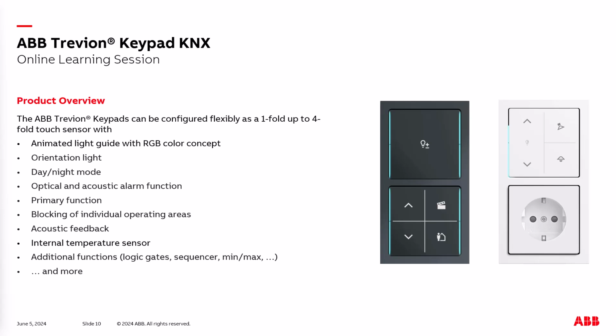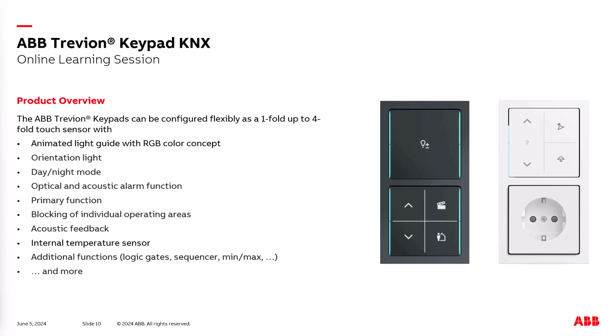Jürgen Schilder is speaking. In the following practical part, I would like to introduce you to the new ABB Trevion Keypad live and in action. The focus is on commissioning with the ETS and a practical demonstration. For example, how flexible the device can be used as a 1-fold up to 4-fold touch sensor, and what features the device comes with, like the primary or alarm function.